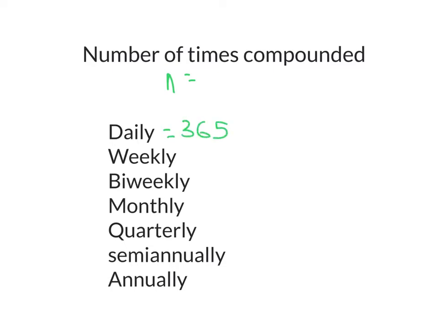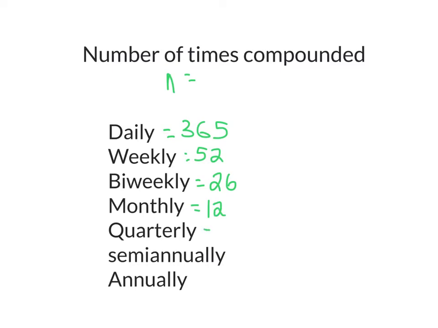With all these problems, we're going to ignore leap year, so we're just going to use daily as 365. If we gain interest weekly, it would be 52, since there are 52 weeks in a year. If we accrue interest bi-weekly, that means we're going to get interest every other week, which means n would be 26. If in our problem it says we are gaining interest monthly, we're going to plug in 12 for n.